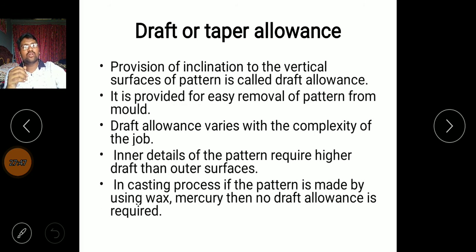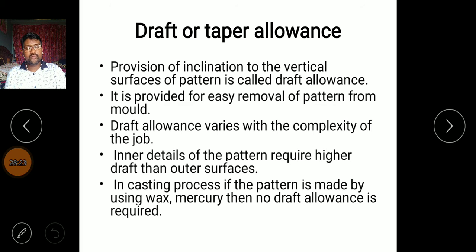Next, in the casting process, if the pattern is made using wax or mercury, then no draft allowance is provided. We already discussed the types of casting process, where we discussed expendable patterns and permanent patterns. Expendable pattern means that for the next casting process we are not using the same pattern, due to the evaporation of wax and mercury.